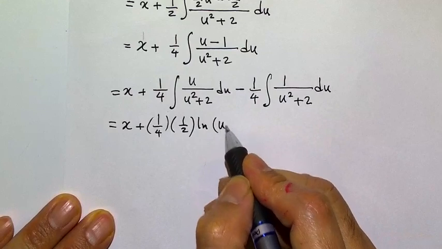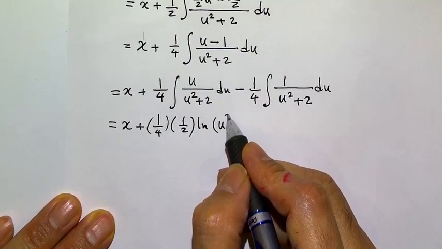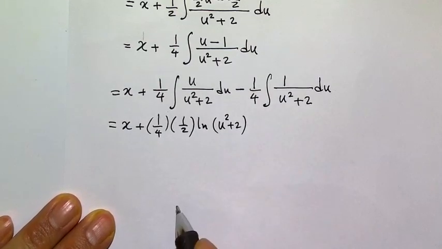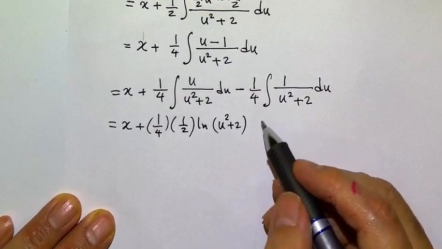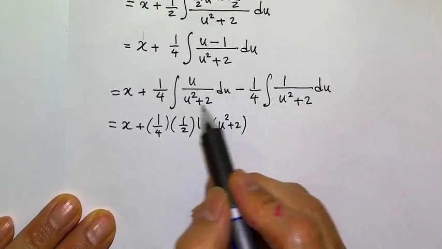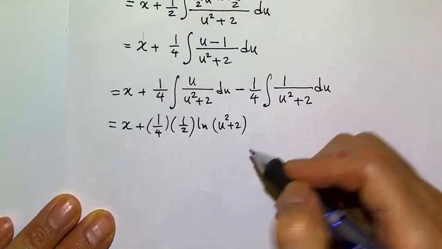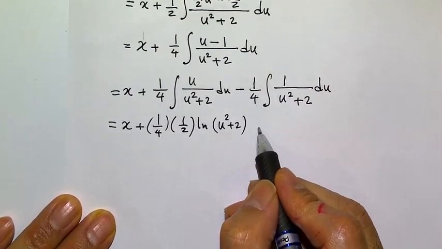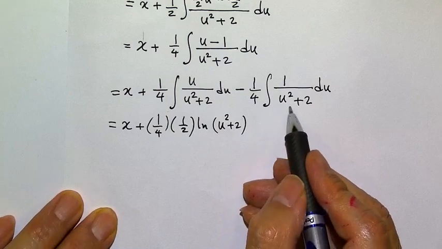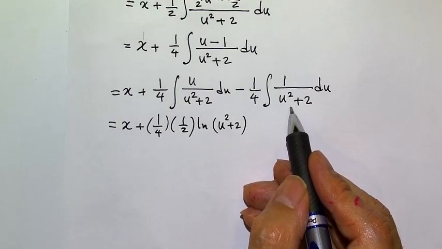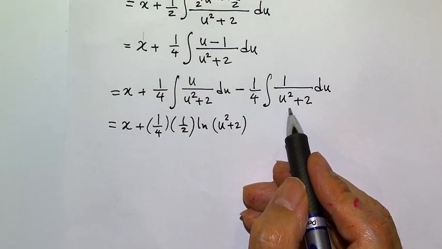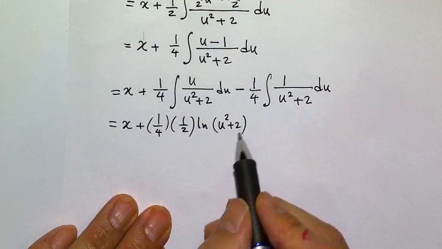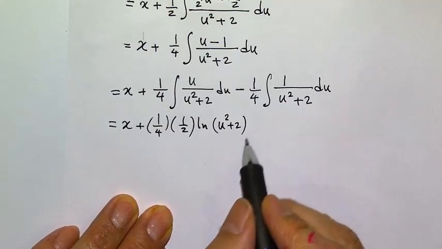So we can just simply say parenthesis u squared plus 2 in here. If we were not sure that this is always positive, we could just easily put it in absolute value. That's all. And then this one would be minus 4, the same story here, right? So here we have minus 2.